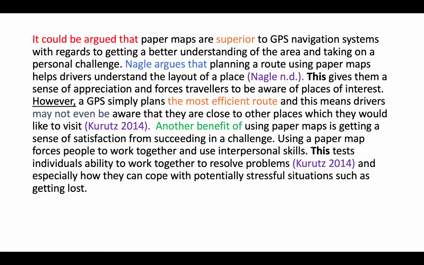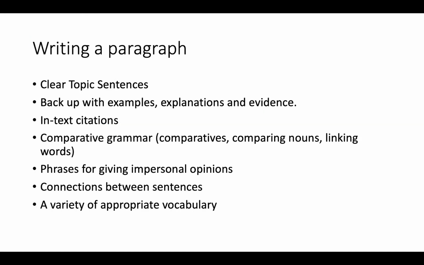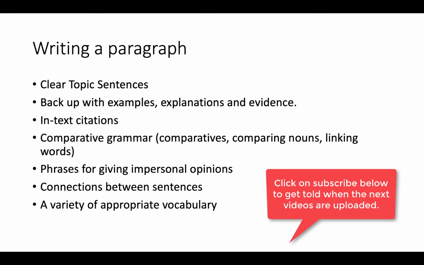This is the kind of thing we're expecting for your comparative discussion essay in the main body. So just to summarize again, you've got your clear topic sentence, so it's very clear, gets the reader ready. You back it up with examples, explanations, tell us why something is important or what causes it, and some kind of evidence with in-text citations.